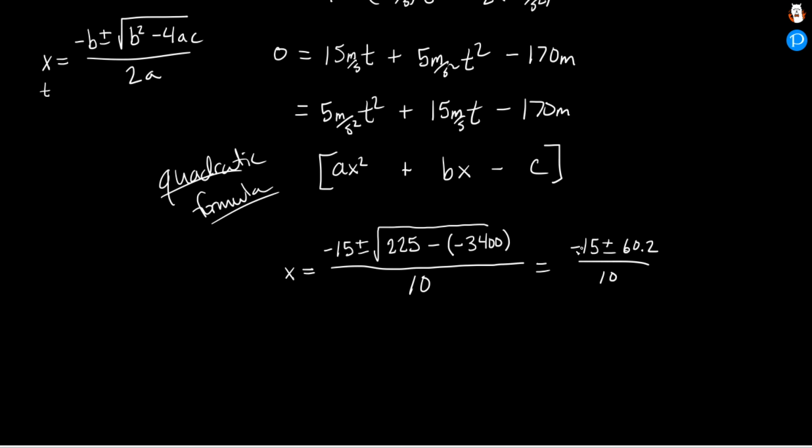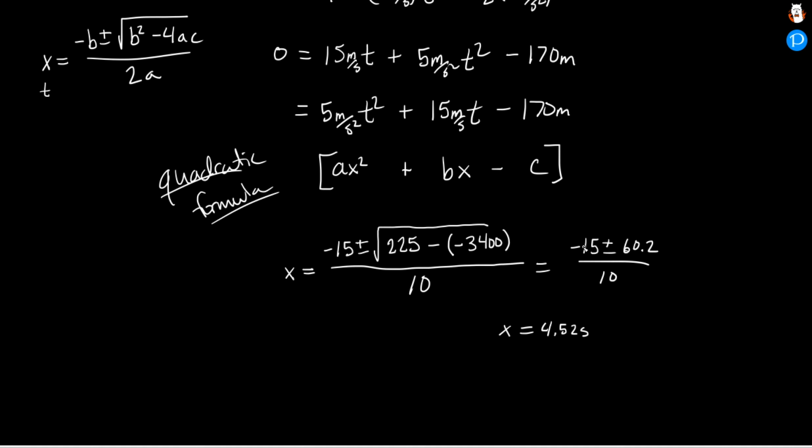The first answer being negative 15 plus 60.2 divided by 10. And then the second answer would be negative 15 minus 60.2 divided by 10. So let's do the first part first, where it's negative 15 plus 60.2 divided by 10, and we're going to end up with 4.52 seconds.